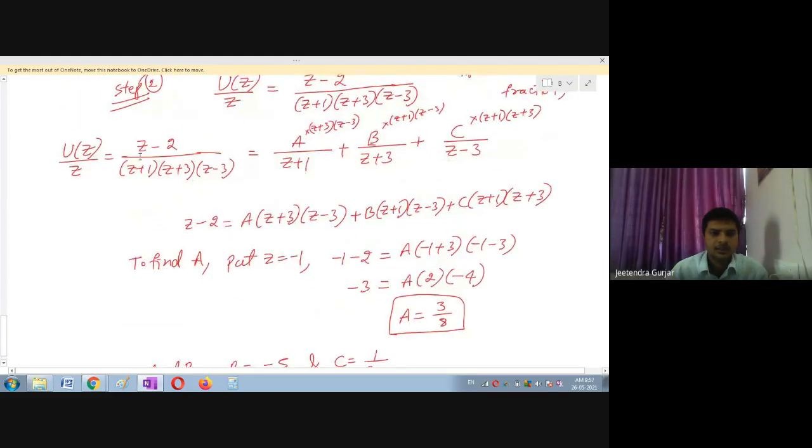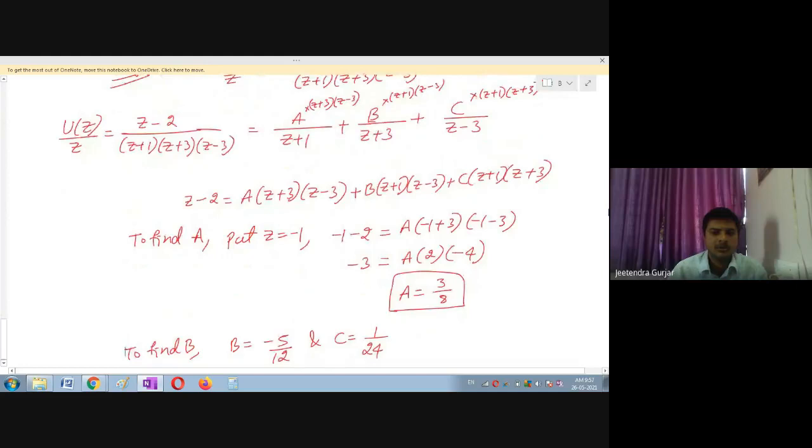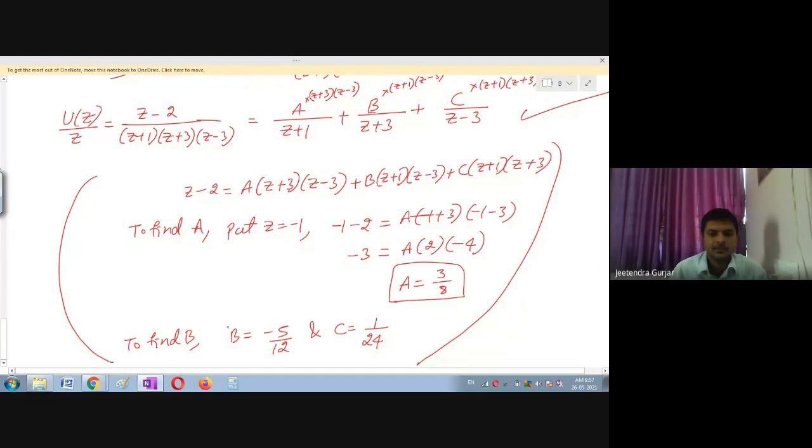Now substitute in this u of z. So all these things you are going to put in this equation, students. So we'll put all A, B, and C in this equation.